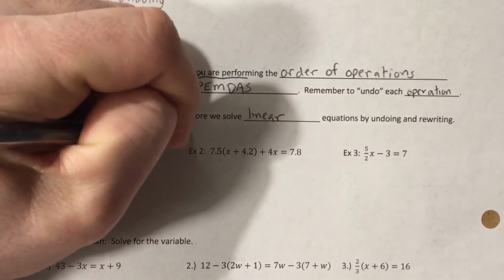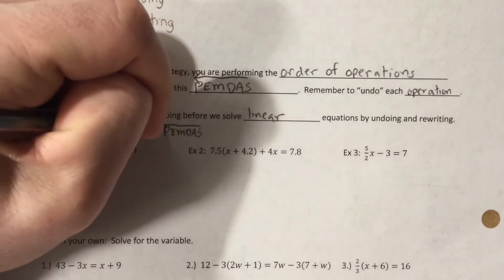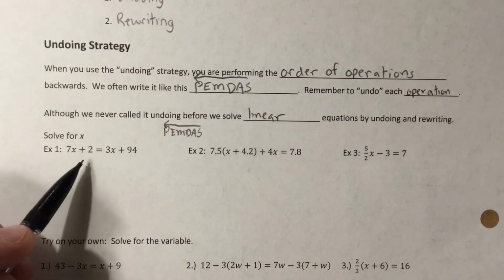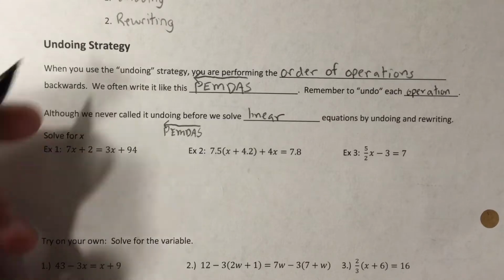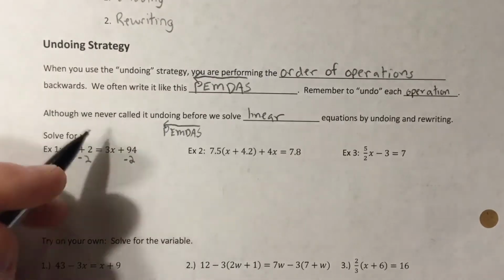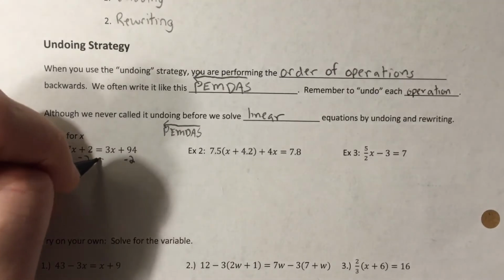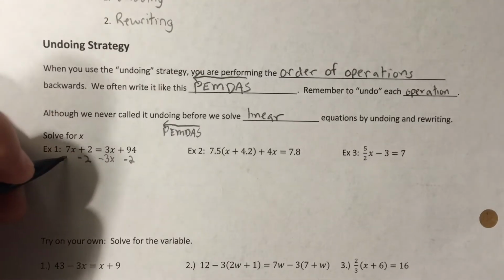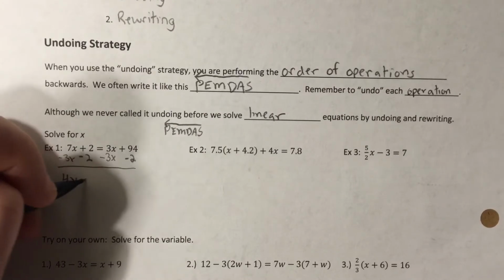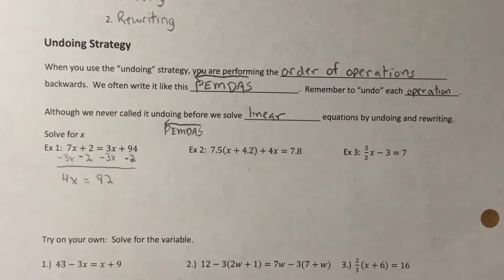We're doing PEMDAS backwards, so we undo addition and subtraction first. I'm undoing this plus 2, so I'm subtracting 2. I want to get this x to the left, so I'm undoing a plus 3 by subtracting 3. And so I end up with 4x equals 92.